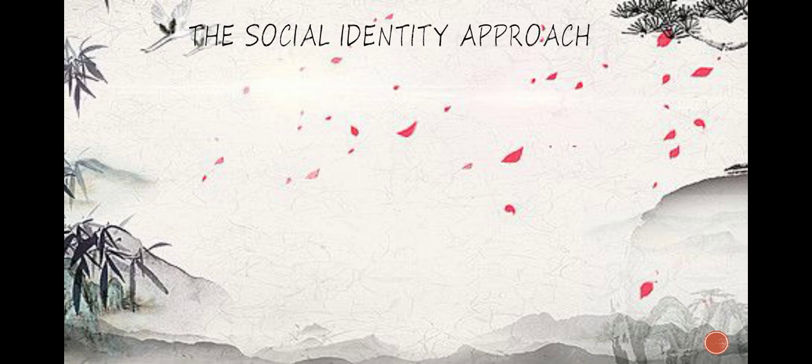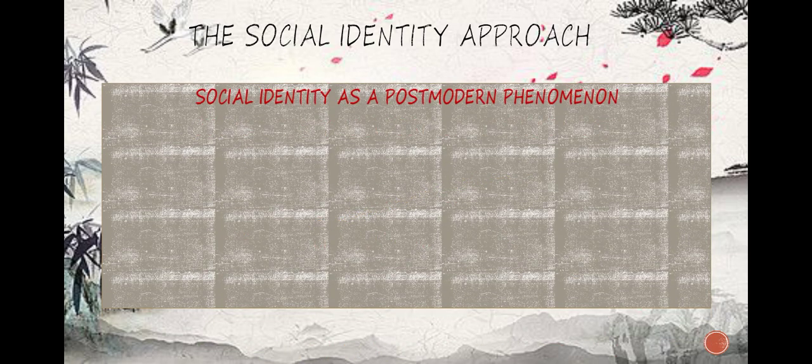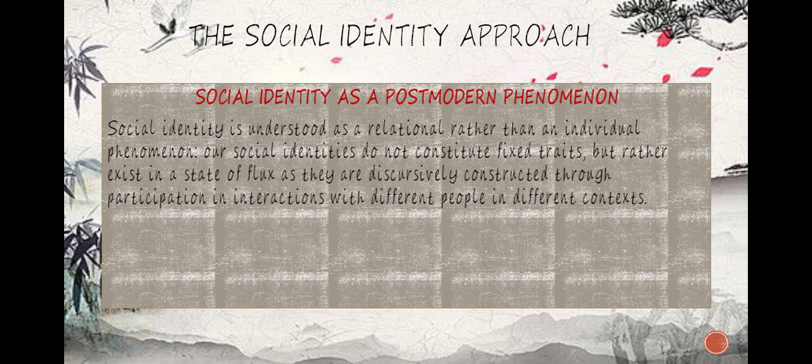And the next point is about the social identity approach. There are two parts: social identity as a postmodern phenomenon, and the second is Norton's theory of social identity in second language learning.